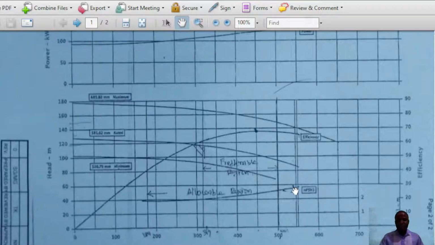So it's around 2.4. So now you have your N to be 1485. Okay. You have your best efficiency point flow rate to be around 455 cubic meter per hour, and you have your NPSH to be 2.4 meter.